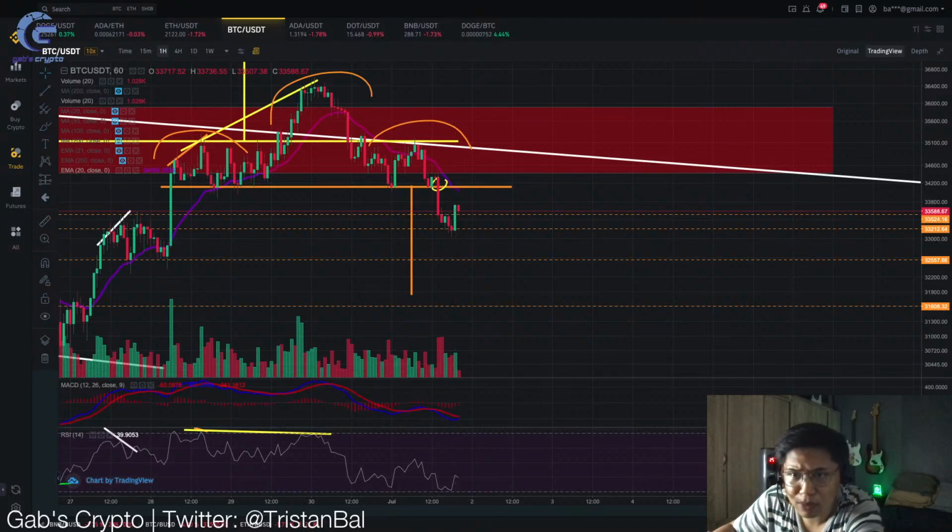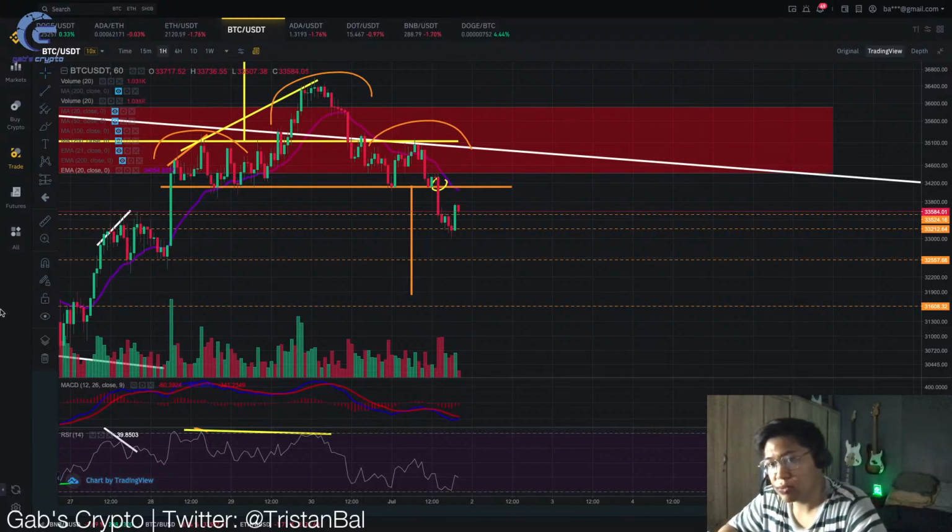So, kino-consider nyo pa ang fundamentals or purely technical analysis lang? Your thoughts on Grayscale on unlocking Bitcoin bearish and Elon Jack Dorsey discussion about Bitcoin bullish? Of course, fundamentals pa din ang kailangan natin tingnan. Pero if trading in general, purely technical analysis siya.